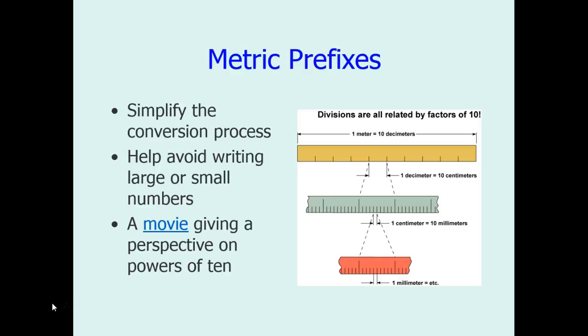Now, notice this is 10, 10 here, 10 there. Beyond that, we don't do tens anymore. We do thousands. So you can say this is 1/10 of a meter, this is 1/100th of a meter, this is 1/1000th of a meter. The next thing down would be a micrometer. But 1,000 micrometers make 1 millimeter.